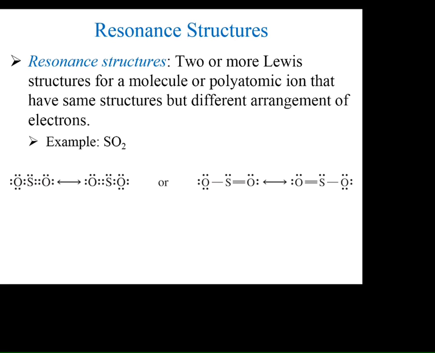So we're going to draw both possibilities and put a little arrow with 2 heads between it, which is called a resonance arrow. Everybody sees why there was 2 options, right?